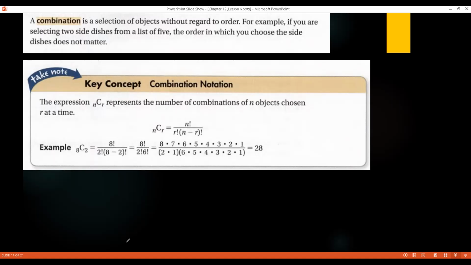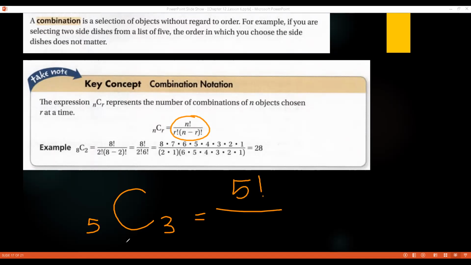Now, what is the combination formula? C means combination. As an example, 3 dishes from 5. So its formula is n factorial over, like in permutation, we said permutation of 3 from 5, we said 5 factorial over 5 minus 3 factorial.